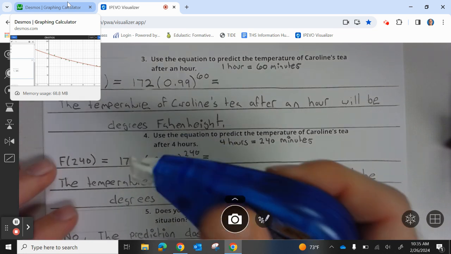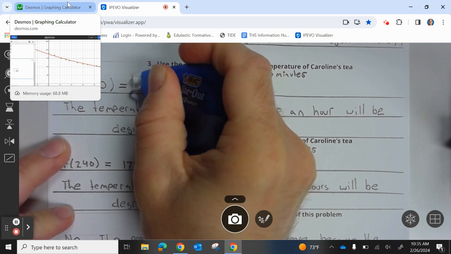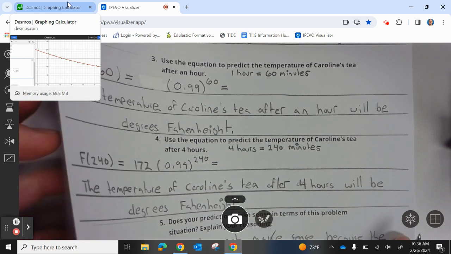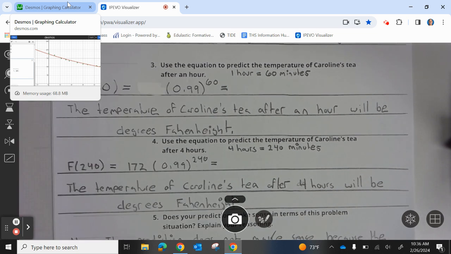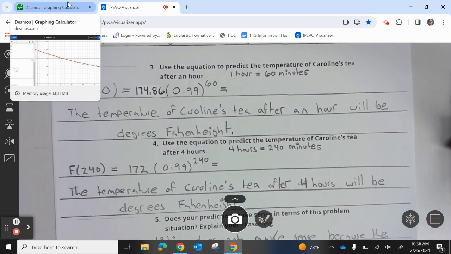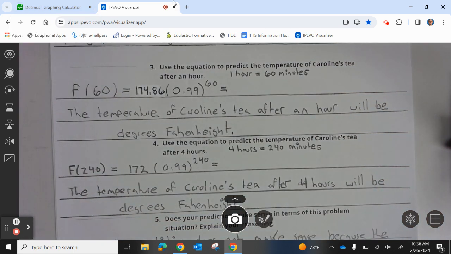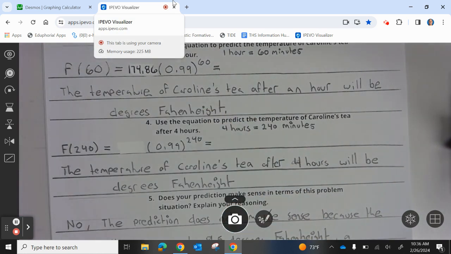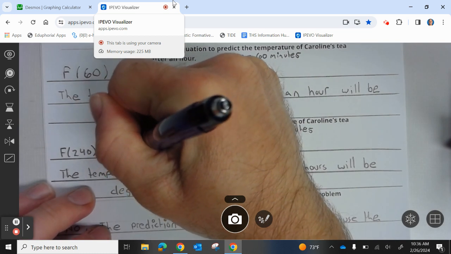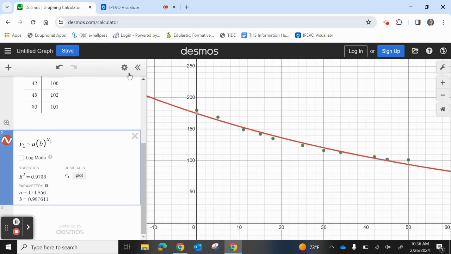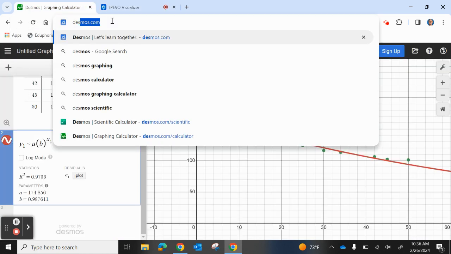And let's fix this. This is missing the 2 decimal places. Should actually be 174.86. All right, and I believe we have to fix that here as well. Let's go ahead and fix that. All right, now that we have that fixed, let's go ahead and put that in our calculator. And we want Desmos.